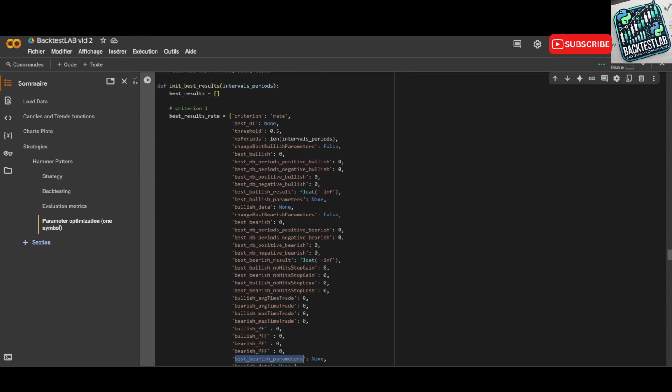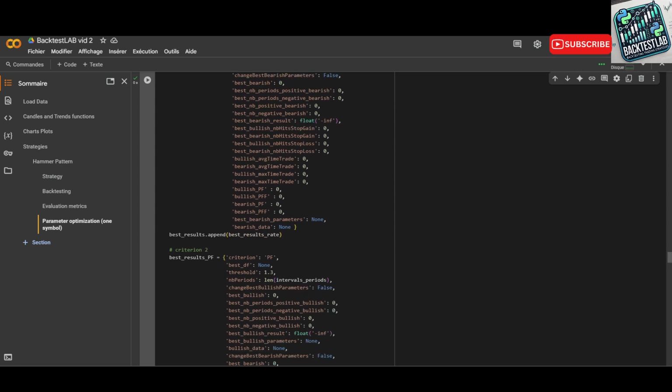So for the rate, for example, here, I will consider only when I have more than 50% of positive trades, and I will store different variables here that are not useful for this video, but I may use them later.